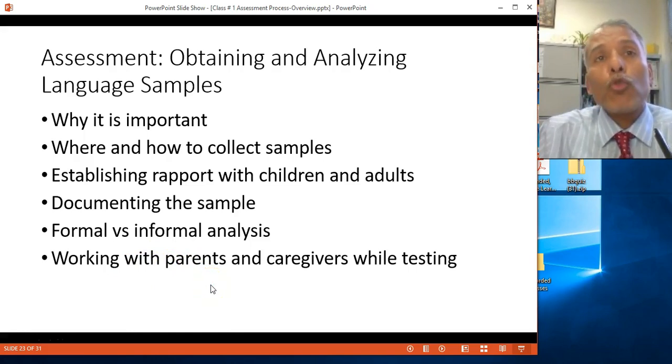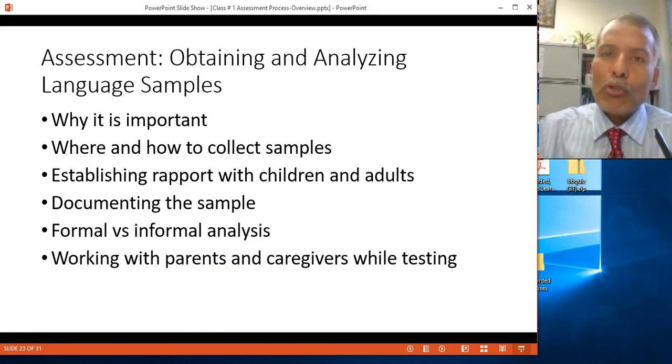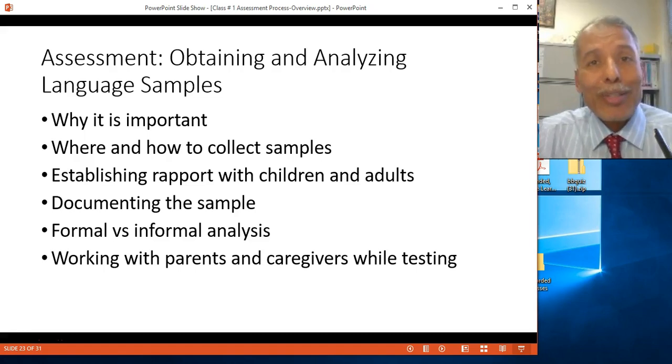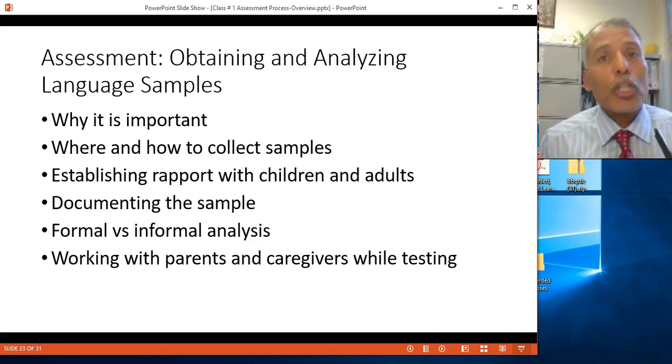However, you do not want them to interfere, because sometimes you ask the child, tell me about this and that, and then the mother says, oh, you don't know it, do you remember when this and that? She's giving him a clue so that he would answer the question, but that is going to alter the assessment results. And we don't want the child to perform better with cues. We want the child to perform naturally.